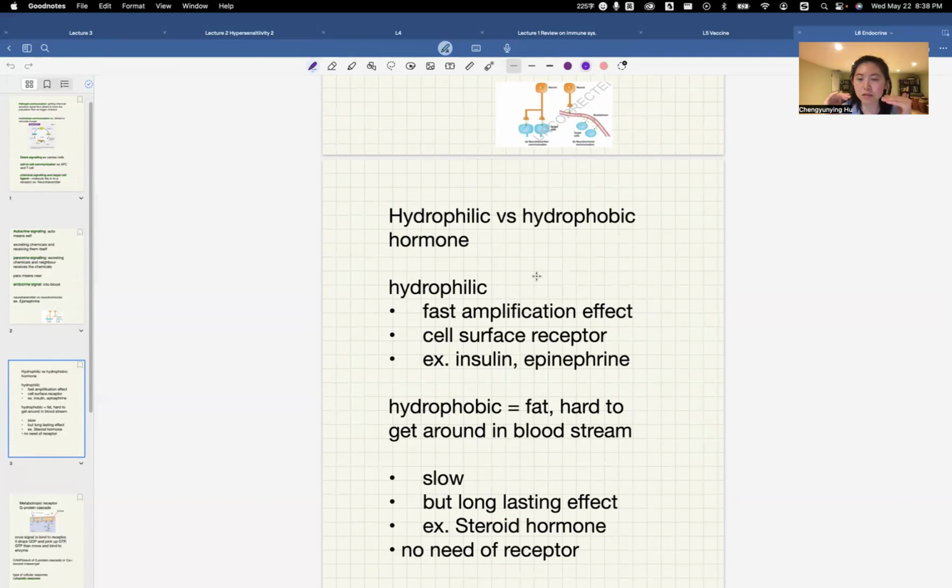It's a fat, so hydrophilic cannot cross over, only hydrophobic is able to cross. If a hormone is able to cross the membrane directly, then it's fast and has a strong effect. However, it comes and goes fast.